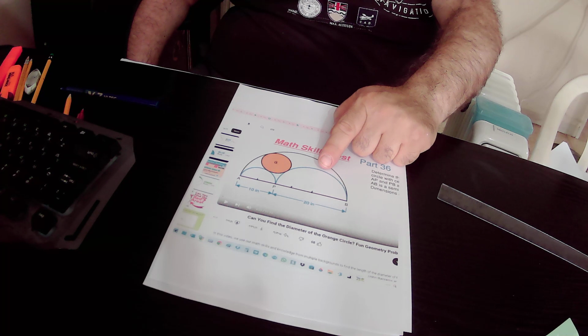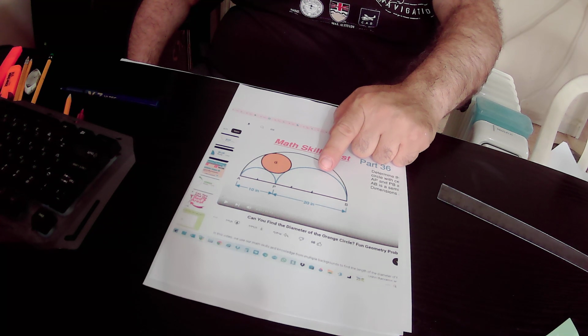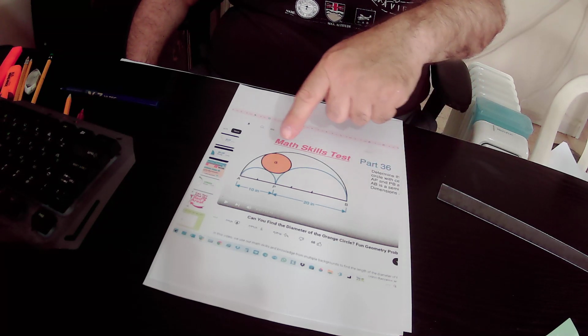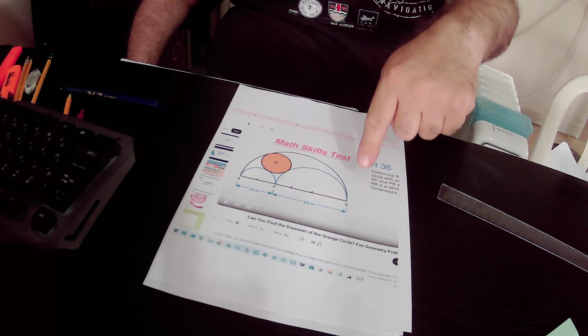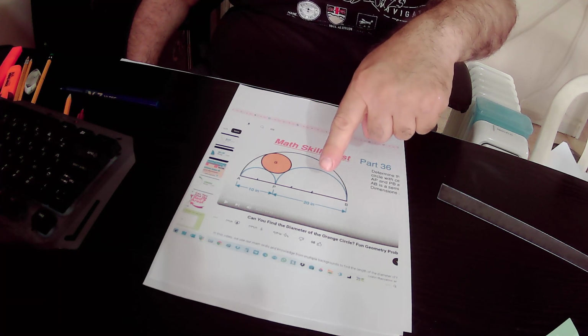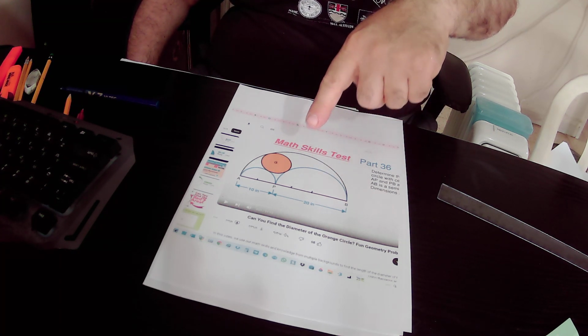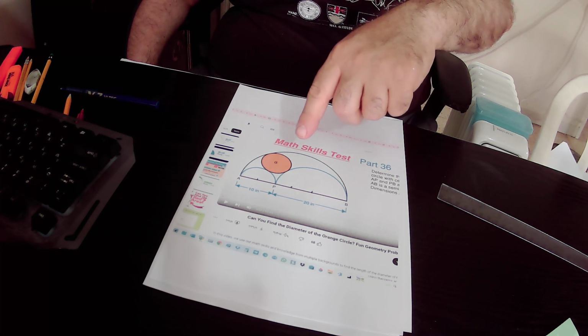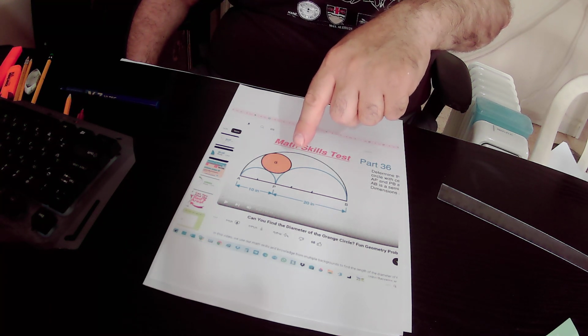The diameter of this semicircle is equal to 20 units, therefore the radius is equal to 10 units. And the diameter of the biggest semicircle is 10 plus 20, which is 30 units, and therefore the radius of the biggest semicircle is 15 units.